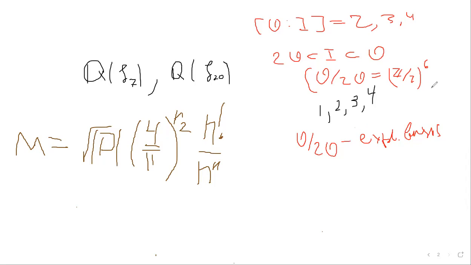Explicit basis for what? For this? I mean, tell which elements of O are the basis of this ring.